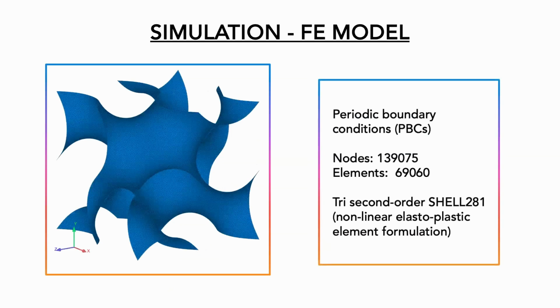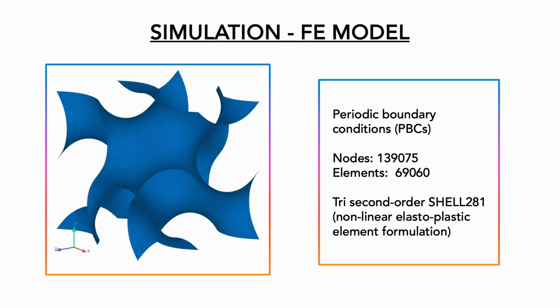As you can see, we use a shell-based model instead of a solid model because plasticity and nonlinearity in those kinds of structures can be very difficult to handle. But we use periodic boundary conditions to help the convergence of those models.